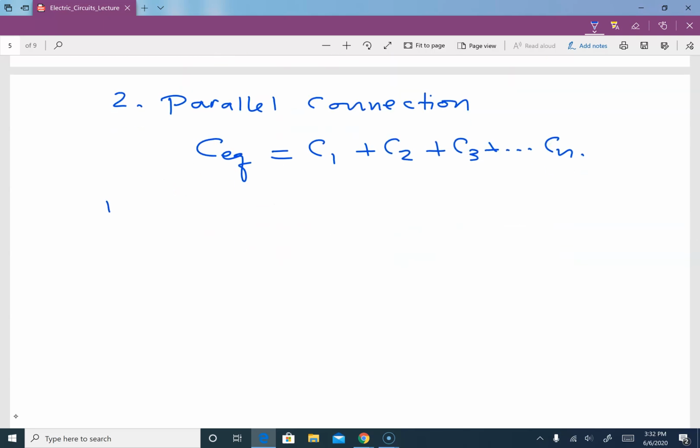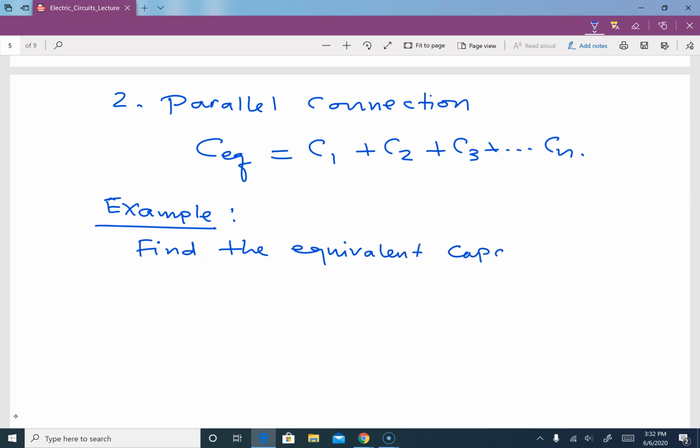Let us go over an example here. We would like to find the equivalent capacitance.